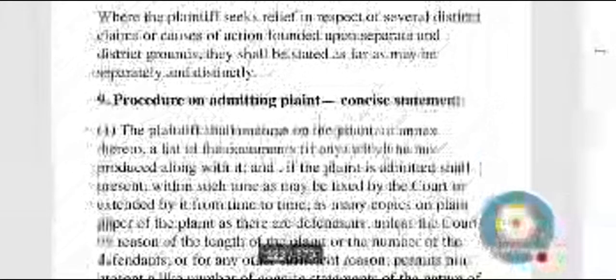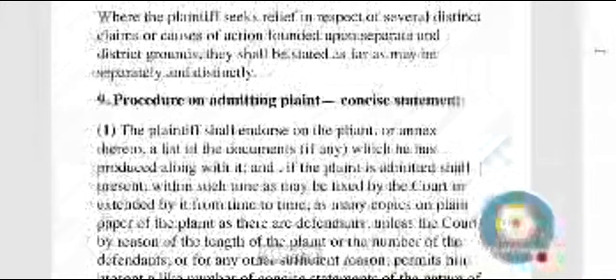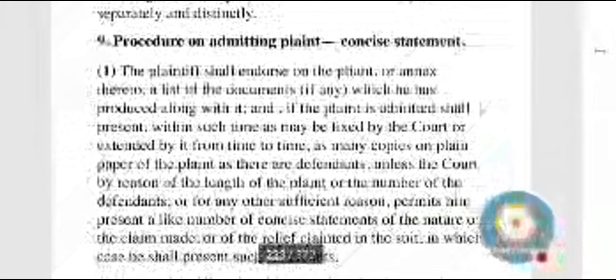Now, Rule 9 of Order 7 says, procedure on admitting plaint, concise statement. Now, what will be the procedure on admitting plaint?